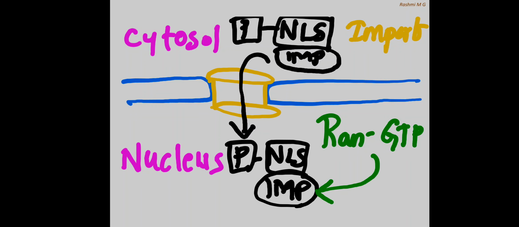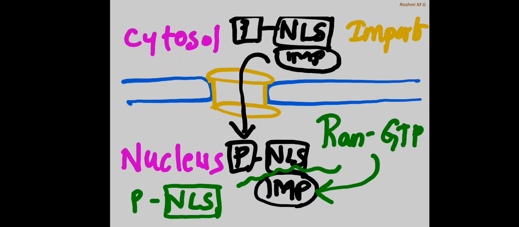The binding of RAN GTP with the receptor releases the cargo. That means the protein and NLS are free now, and RAN GTP is bound with the importin. This protein along with NLS is released into the nucleus. And what is the fate of RAN GTP and importin? This gets back to the cytosol.